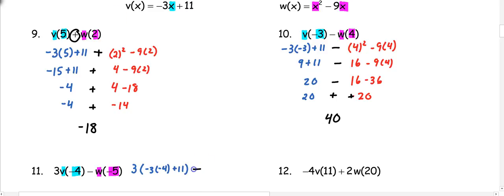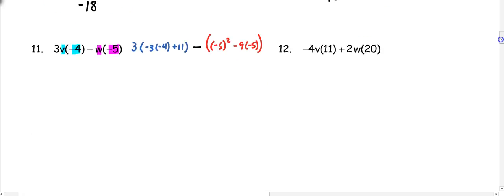I'm going to keep my minus sign in the middle. And then I would have negative 5 squared minus 9 times negative 5. Make sure that you are putting that w equation in parentheses as well, because even though there's not a coefficient here, it's really a negative 1, so we need that negative sign to go to our whole answer at the end. So I'm going to go through and simplify this.